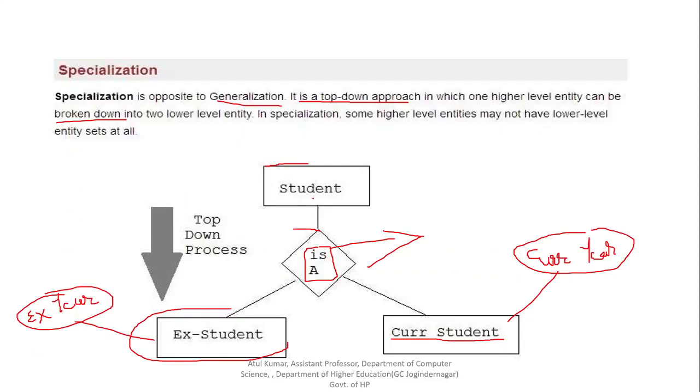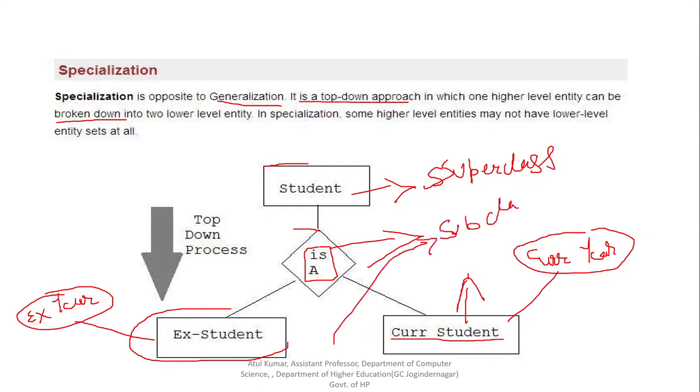Here the top class or higher level entity is the superclass, and the lower level entities, that is current and ex student, are the subclasses of this superclass student.